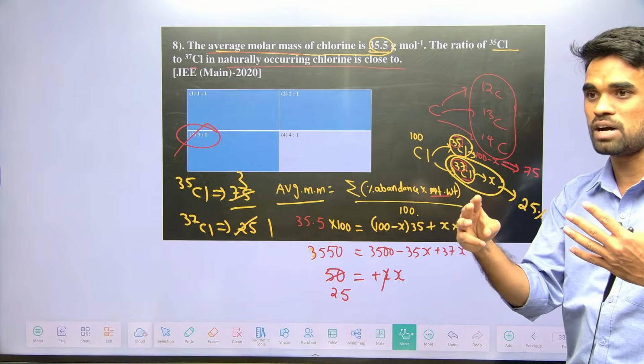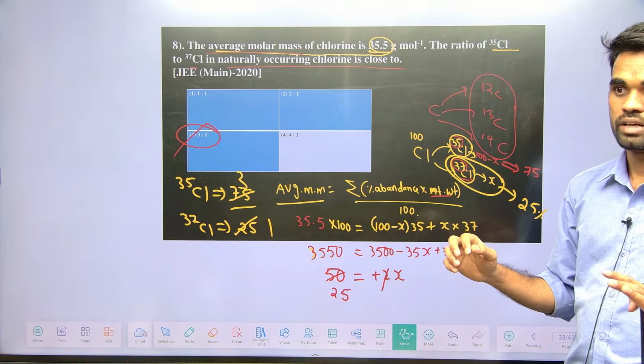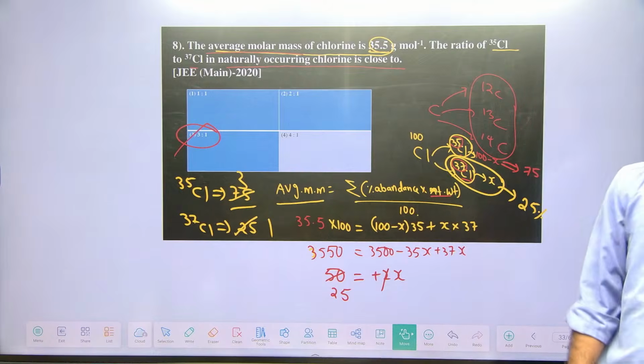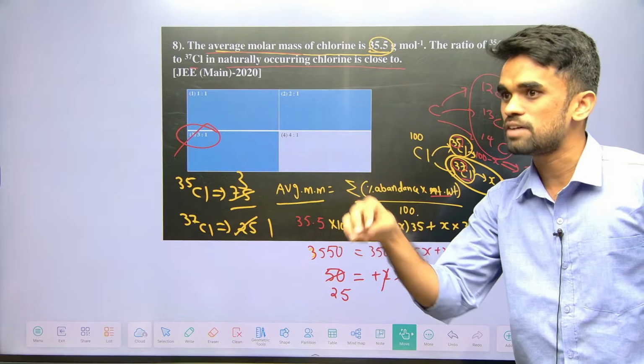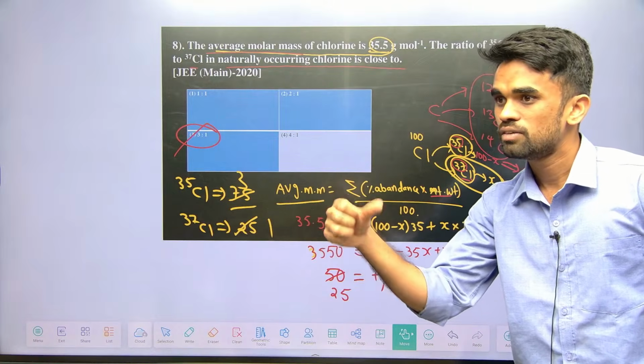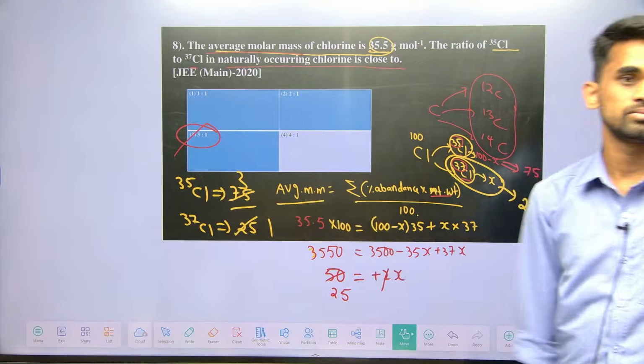What is the sum of those? 4. You take 4 in the denominator. Is that clear? Instead of saying 75, I am saying 3. Instead of saying 25, I am saying 1. Instead of saying 100, I am saying 4. Like that.